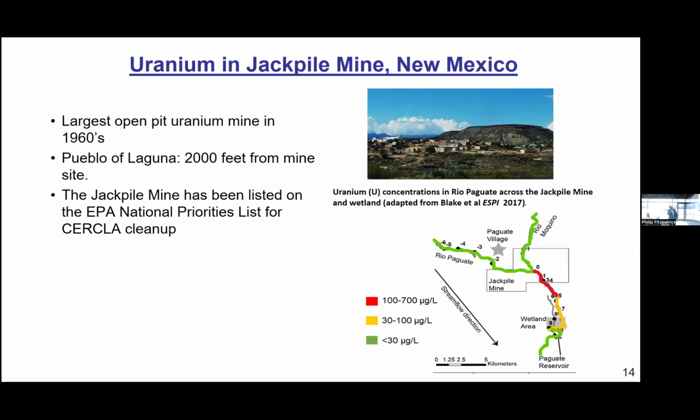Because of that, this has been listed as part of the EPA National Priorities List for cleanup since 2013. This is a map just to show you that you have to imagine a stream here, an intermittent stream, by the way, because we have very unique semi-arid climates, right?